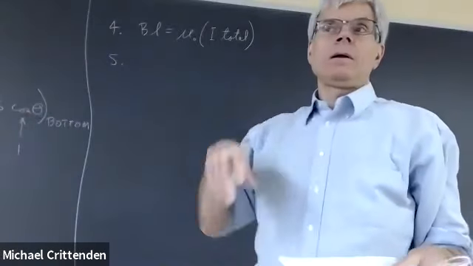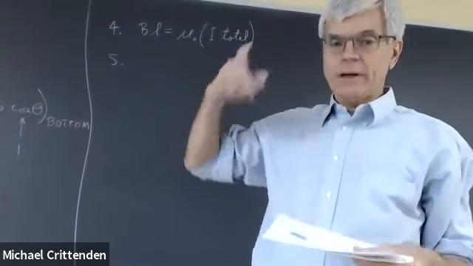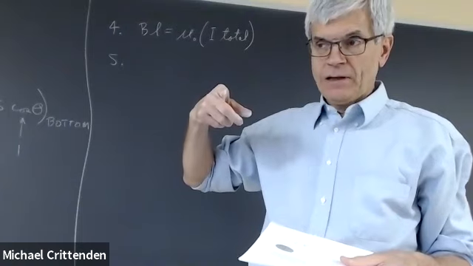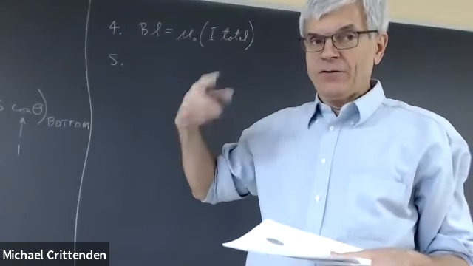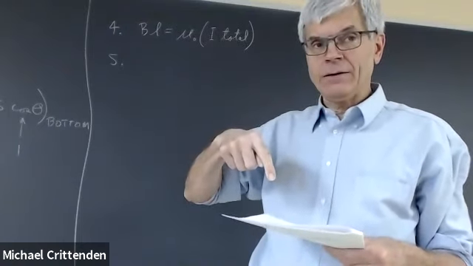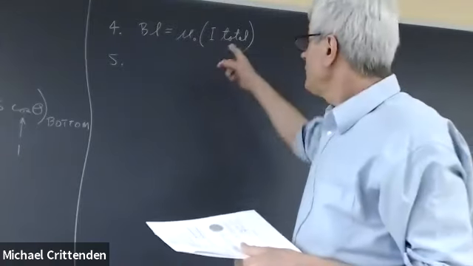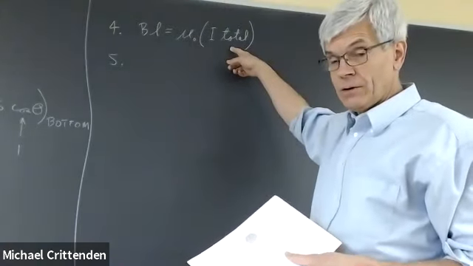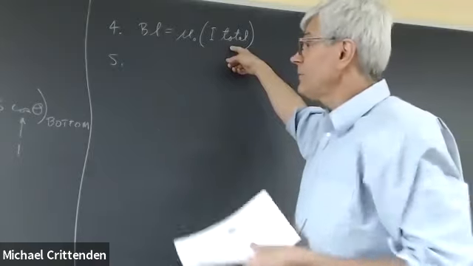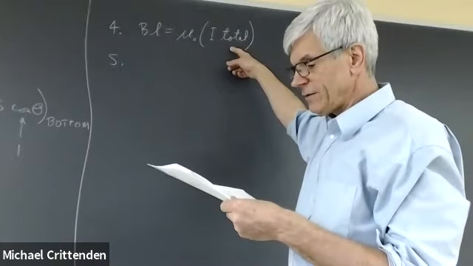So if each strand of wire carries 3 amps, and you've got 8 strands of wire passing through the rectangle, 8 times 3, you've got 24 amps for the total current passing through this path that I've been considering here.